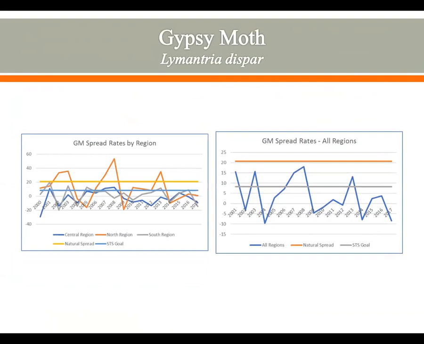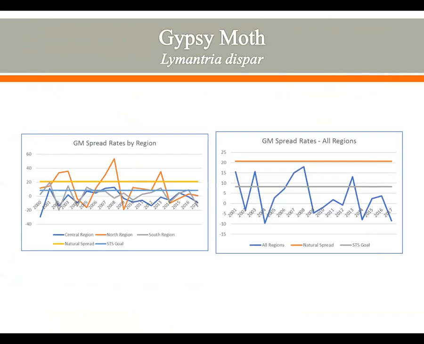It's a little bit messy, so we'll break it out and show you the one on the right. This is an average of all spread rates. As you can see, we have been very successful, and we've averaged a spread rate of about 3.4 kilometers per year since 2000. So the STS program has worked very well.